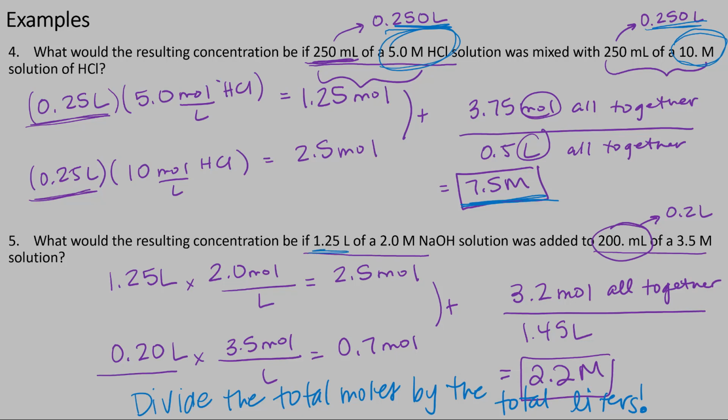In this one, I have 1.25 liters and 200 milliliters. So my resulting solution is going to be a lot closer to 2 molar than it would be to 3.5 molar because I used way more of this. I used 1,250 milliliters of 2 molar and I only used 200 milliliters of 3.5 molar. So it's much closer to 2 than 3.5 because I used more 2.